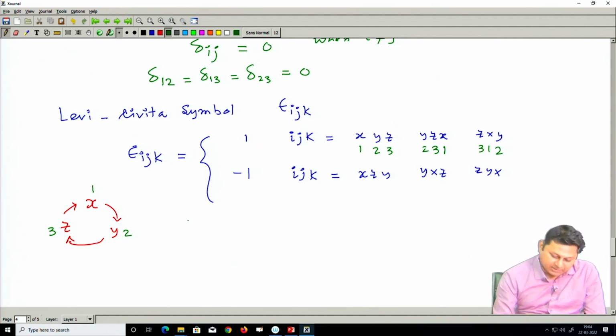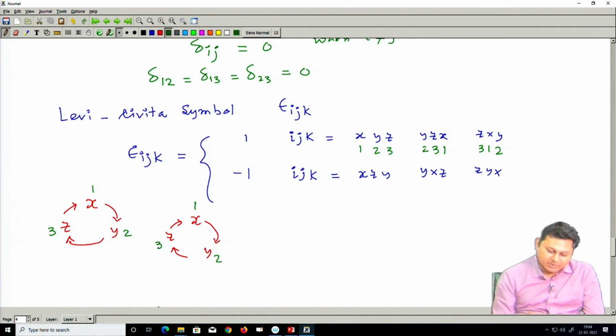Now, if opposite happens, again I have x and y and z, and these values as usual 1, 2 and 3, and opposite happening means x z y or y x z or z y x.